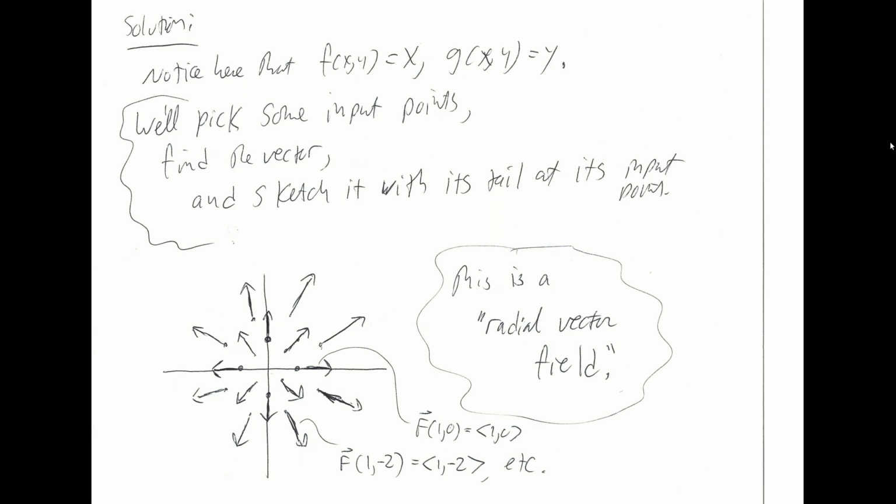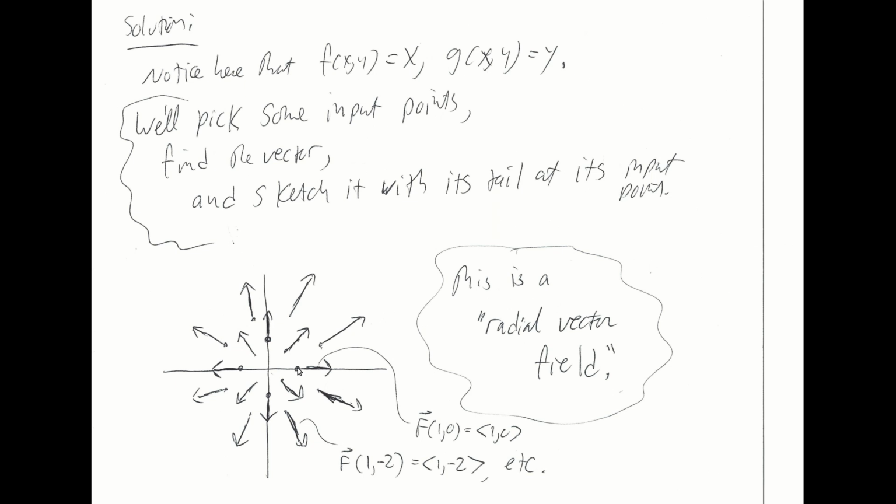And what we're going to do to try to sketch this function is pick some input points, plug the input point into our vector field equation, find the vector which is the output associated with that given input point, and then sketch that vector with its tail resting at the input point that gave rise to it. So for instance, I could pick point 1, 0.